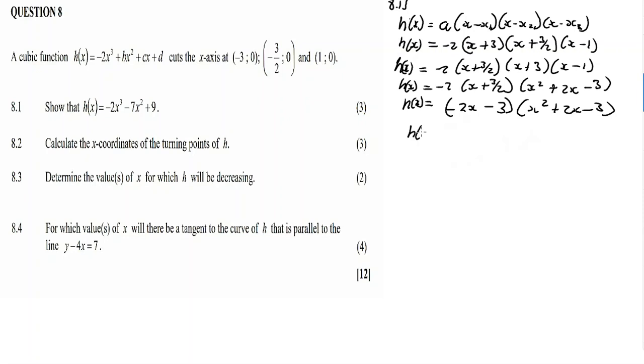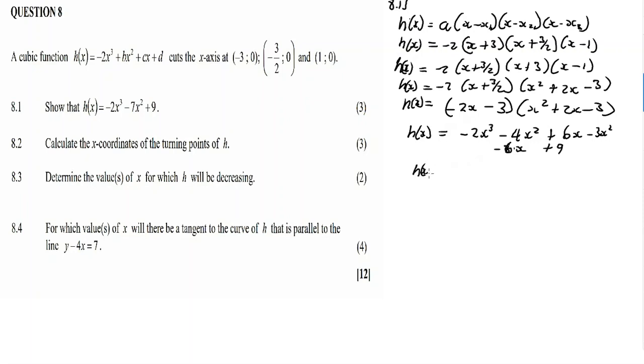and then we have h of x equal to negative 2 times, here it's negative 2x cubed, negative 2 times here it's negative 4x squared, negative 2x times here it's plus 6x, and then negative 3x squared, and then negative 3 times here gives negative 3x squared, negative 6x, and then plus 9.